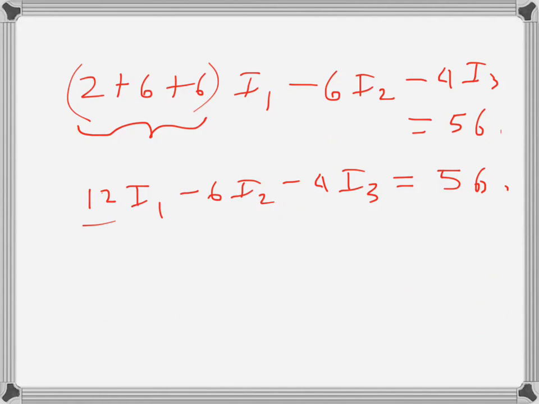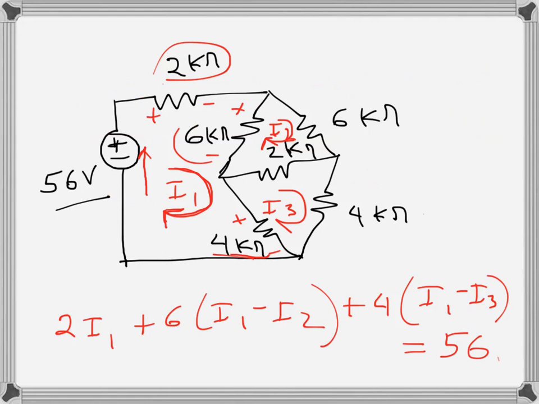The other two mesh currents are coming as negative, and the coefficient for I2 is 6, the resistance that is common between mesh 2 and mesh 1. So the mesh 2 current is coming as a negative, and the coefficient is the common resistance between these two meshes.